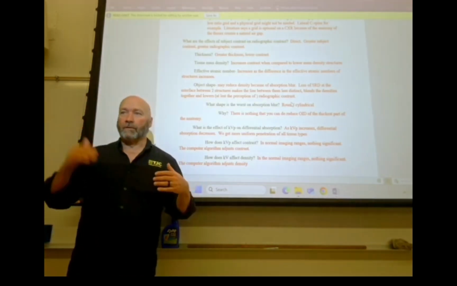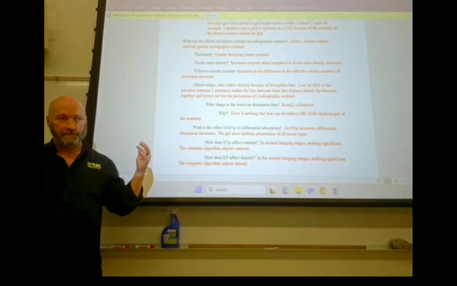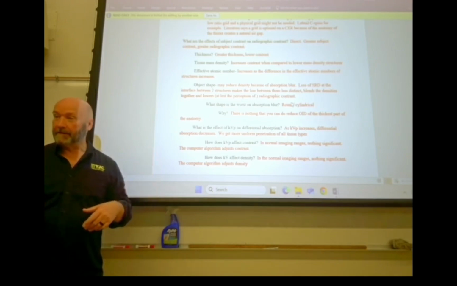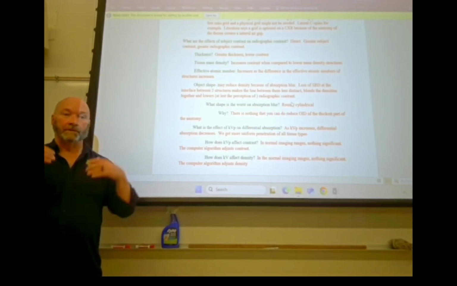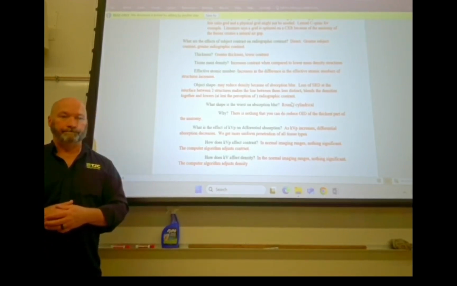So low contrast, long latitude, a lot of shades of gray, and long grayscale. Latitude and grayscale go in the same direction. They're inversely proportional to contrast.